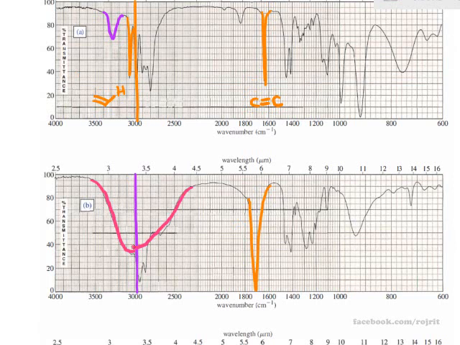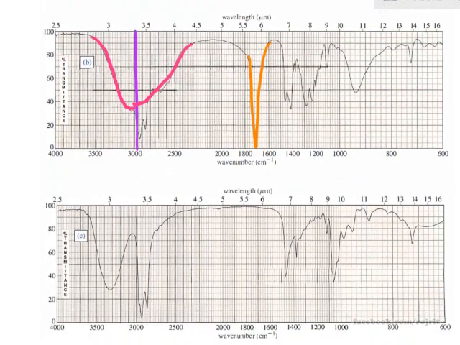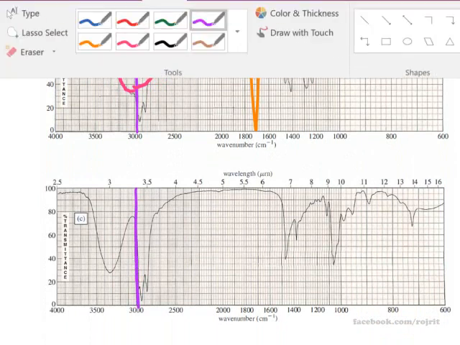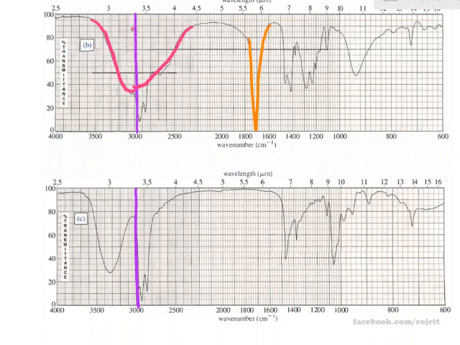Quite straightforward. We go to the next one. Very easy. Nothing beyond 3000 again, so this is something saturated. As you can see, you have a very broad absorption on the left-hand side, around 3300. This is the alcohol, so this is a saturated alcohol. Very simple.